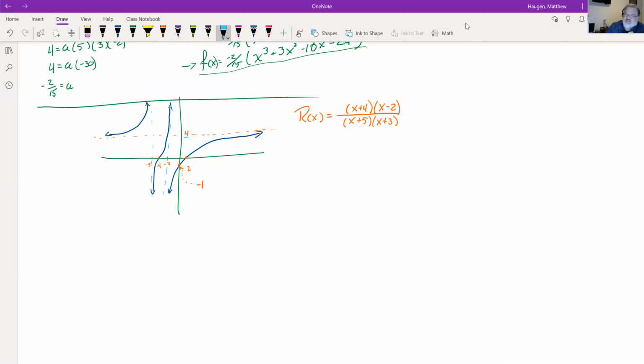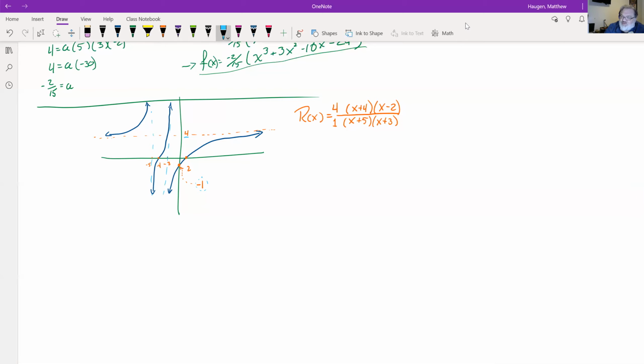4 over 1 would be the nice one, but the trouble is, does 4 over 1 make this -1? Not necessarily, right? But we do know that the lead coefficient on the numerator has to be 4 times that of the one in the denominator, right? So that's where this problem gets a little sticky. This is 4 times 1 times whatever that is.